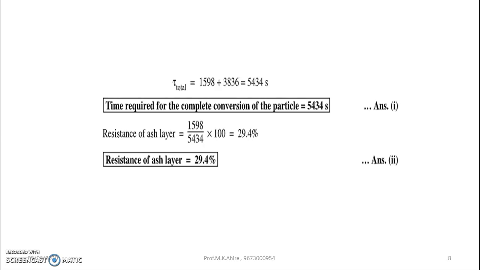You have to just subtract 29.4 from 100. It will be 69.6%, right? So in this way, you can easily calculate the total time of reaction and the resistance offered. I think you have got this problem.